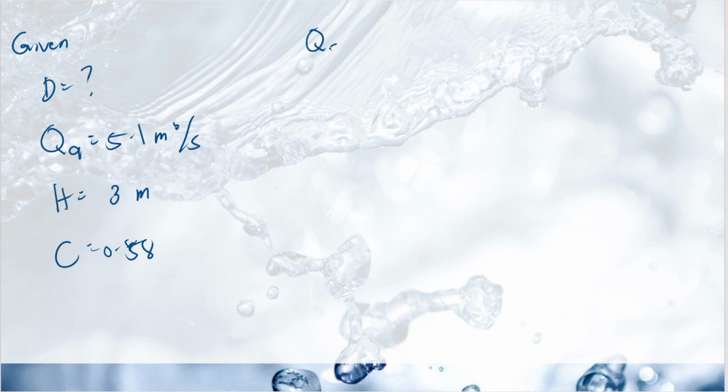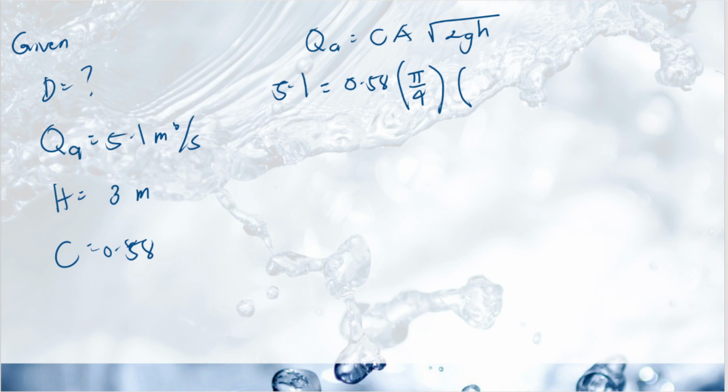Q sub A is equal to C multiplied by the area multiplied by the square root of 2gH. We have the given discharge, so 5.1 is equal to C, 0.58, multiplied by pi over 4 multiplied by D squared, since this is what we are asked to find, multiplied by the square root of 2 times 9.81, and H here is 3 meters.